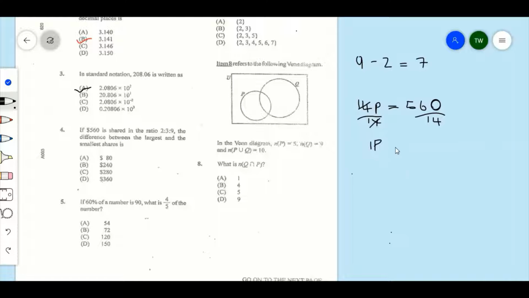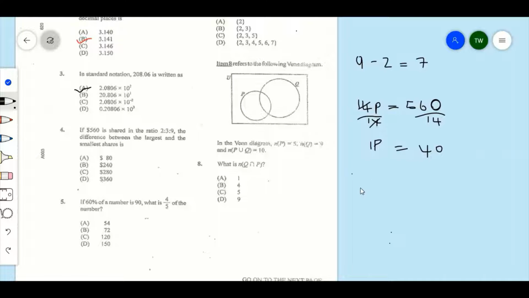So we know that one part is going to equal 560 divided by 14. 56 divided by 14, that's going to be 4. And 0 divided by 14, that's going to be 0. So one part out of the 14 is equivalent to $40. Now we need to find 7 parts.